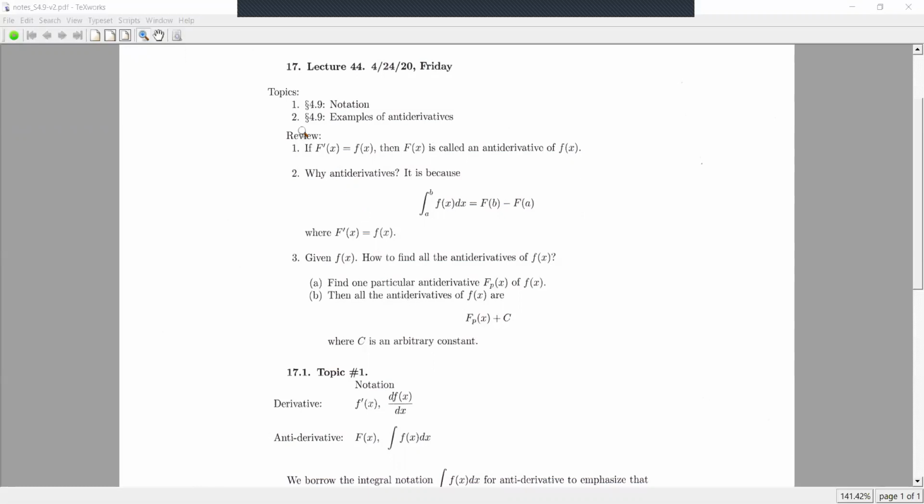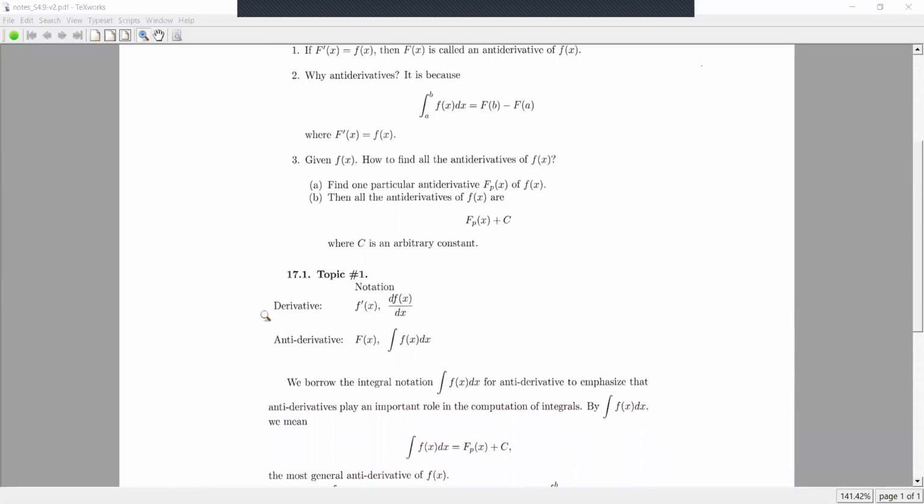Okay, now we turn to topic 1, the notation of an antiderivative. The notation of a derivative is either this prime notation or this d over dx notation. These two notations are popular notations for derivatives.